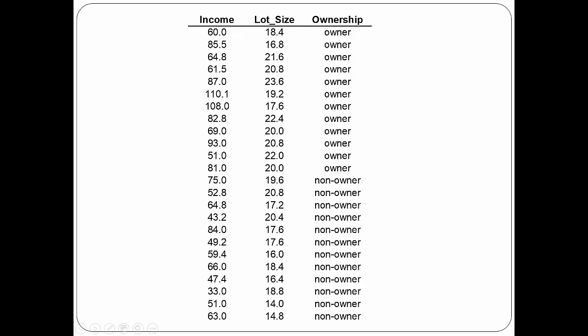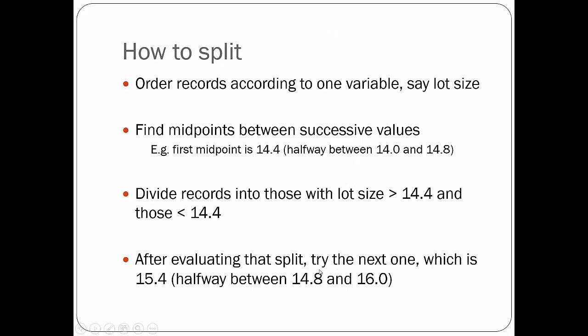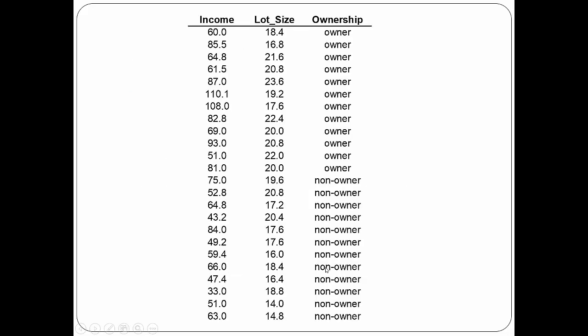So anything less than 16 on the left side, and greater than or equal to 16 on the right side. That would be the next candidate for split. You continue this for all possible splits of lot size, so now you have all the possible split candidates based on lot size as the predictor.